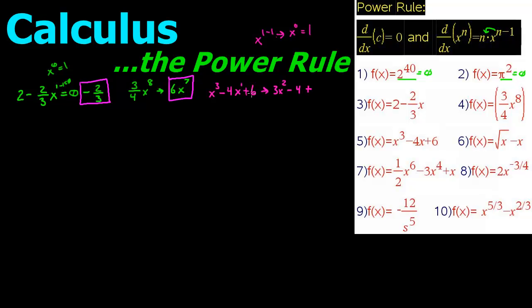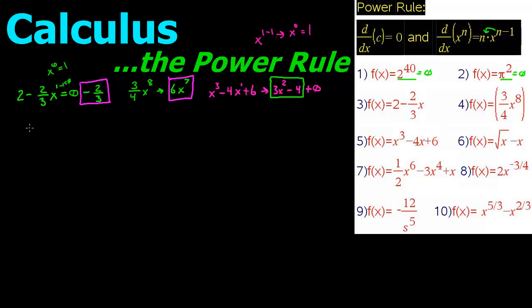Alright, and then plus 6, and when you find the derivative of a constant, which in this case 6 is a constant, we're going to be left with 0. So the answer for this, the derivative of this function, is just going to be 3x squared minus 4.